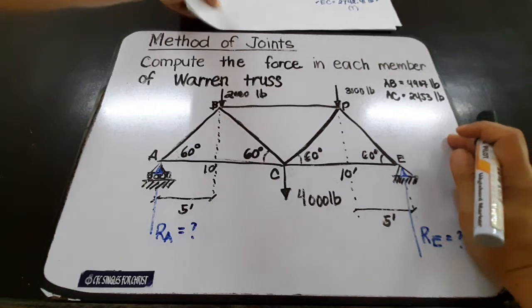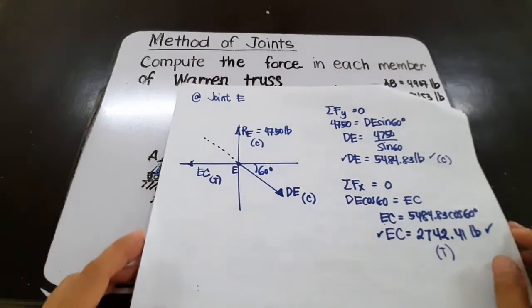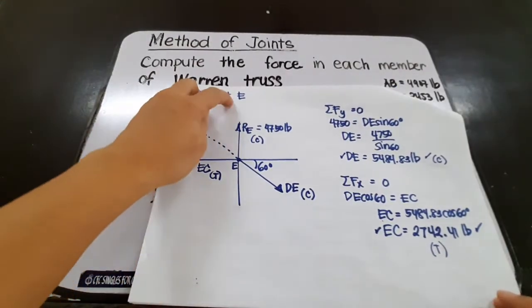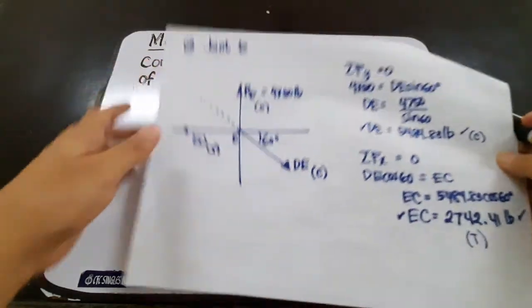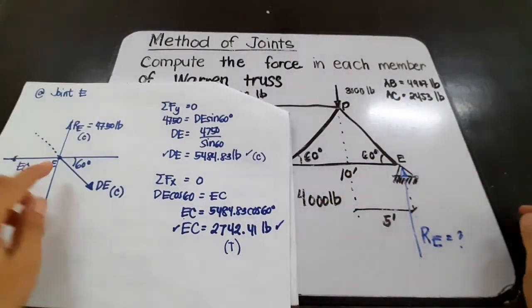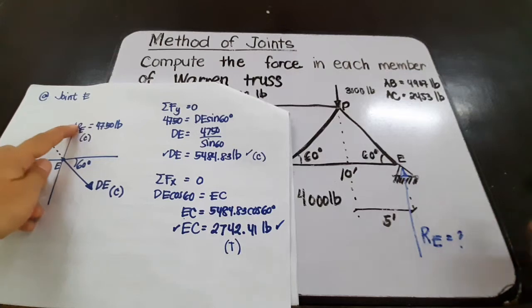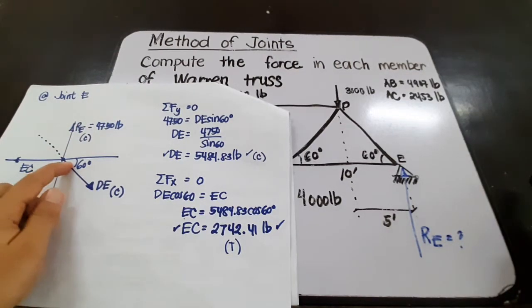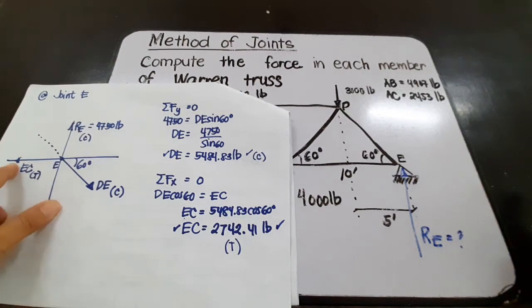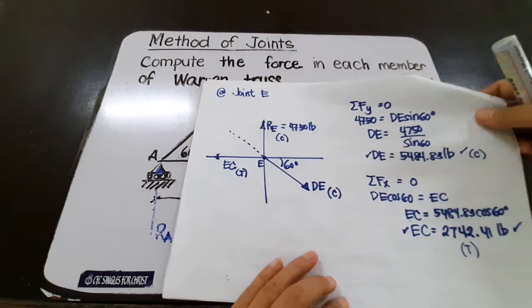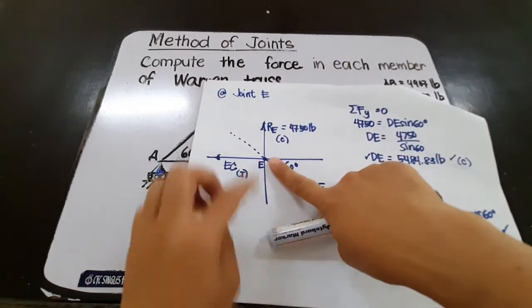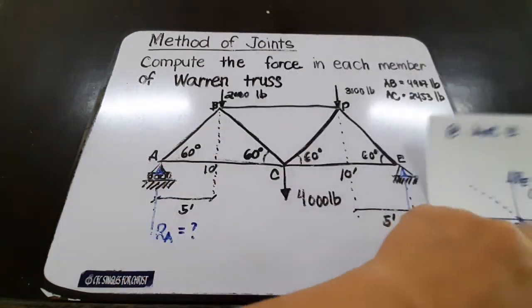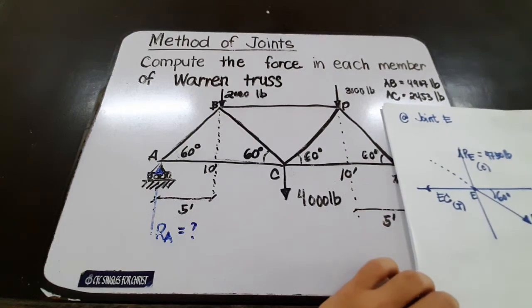If we take a look at joint E, the free body diagram of joint E will have RE, and that's a compressive force. And we have EC, and we assume a tensile force at EC, and supposedly this is right.